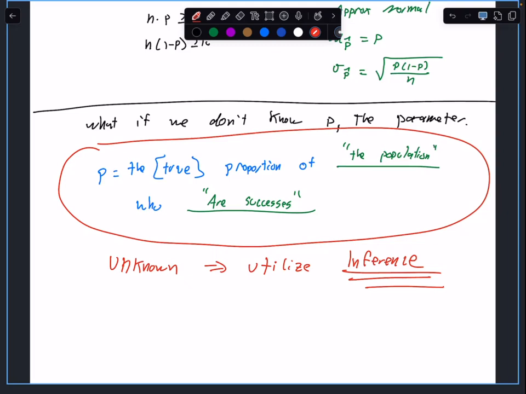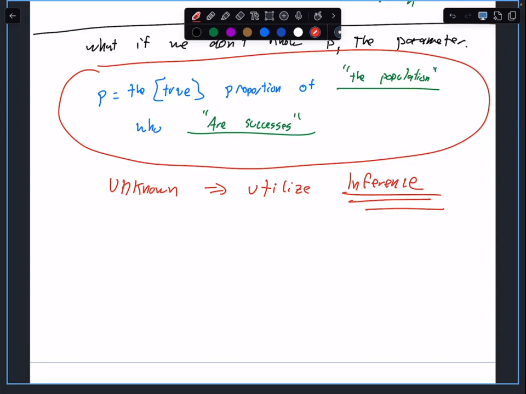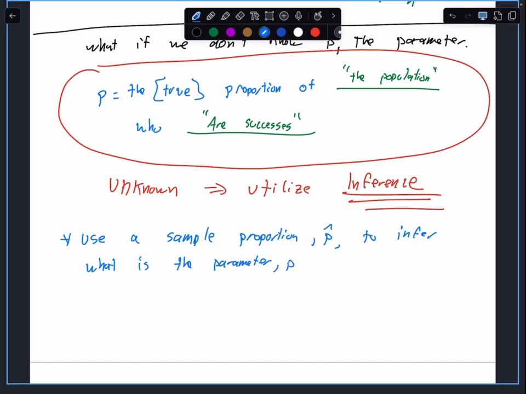We don't know what it means, so we're going to infer what it is, and so we're going to use a sample proportion, p hat, to infer what the parameter P is.